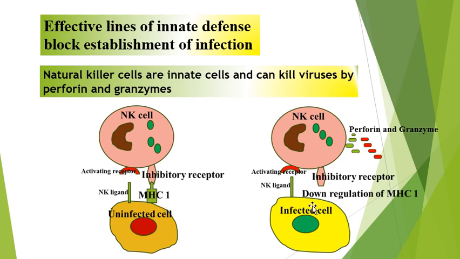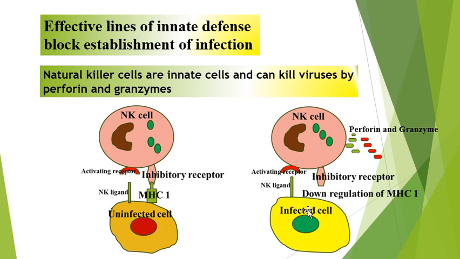But when the cell gets infected by a pathogen, one of the strategies of the pathogen is to evade, meaning to escape the immune response, so there will be downregulation of major histocompatibility class 1 induced by the pathogen. In this condition, this inhibitory receptor will not find the major histocompatibility class 1.